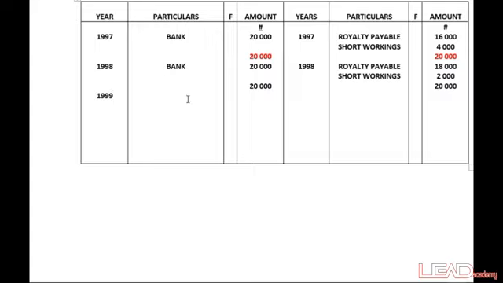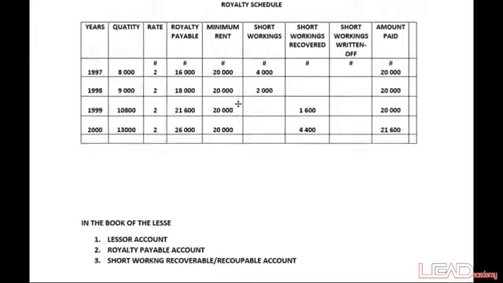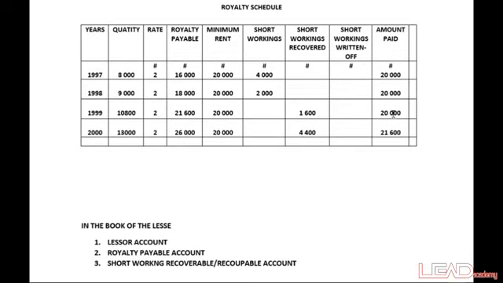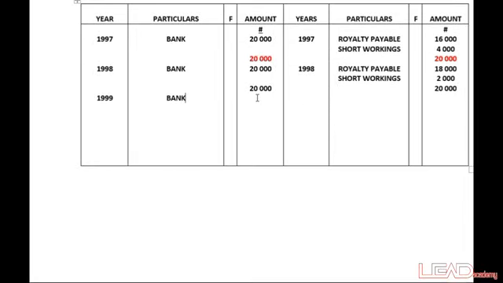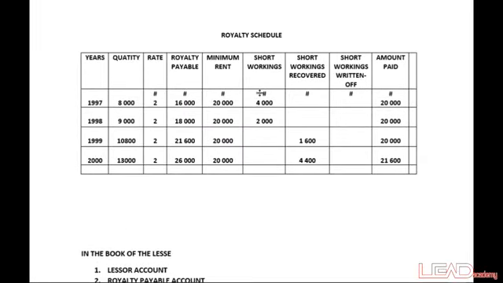In 1999, did he receive any amount? Yes. How much did he receive in 1999? He received a sum of 20,000. And I said that if you debit short workings recoverable and you credit only short workings, our short workings recoverable was 1,600.